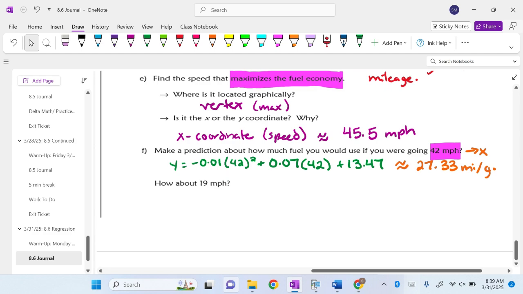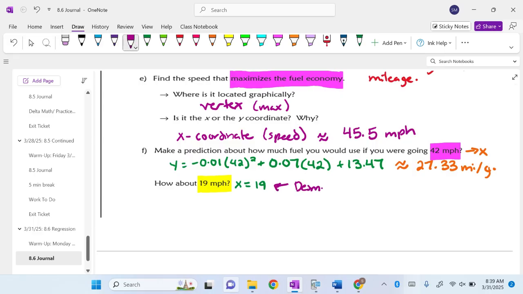Now, another way you could do this, besides plugging it into your function and then your calculator, is you could also just find it graphically. So if they give you your x value of 19, you could always do x equals 19, put that into Desmos, and find the point of intersection with your line of best fit.